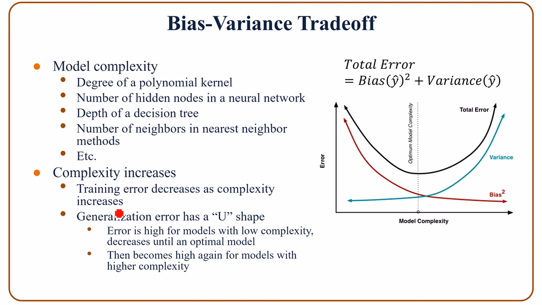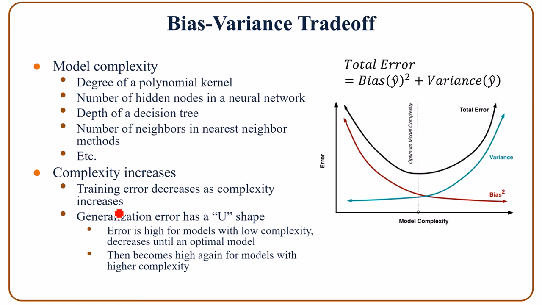Or if the model is a decision tree or random forest, the depth of a decision tree, or the base tree in a random forest model. Model complexity is also in terms of the number of neighbors in nearest neighbor methods.